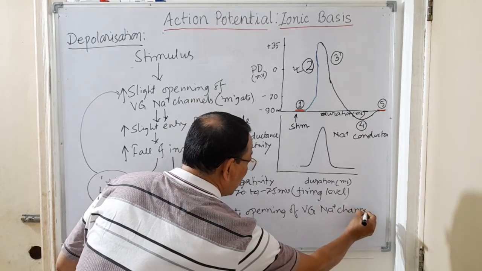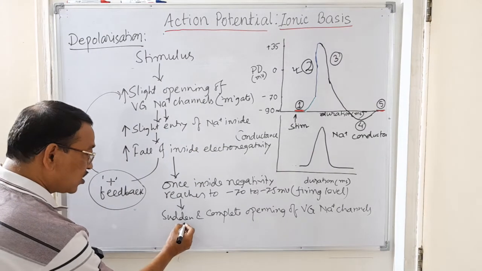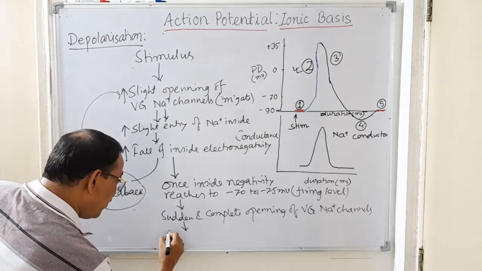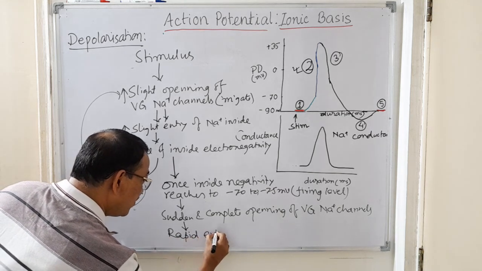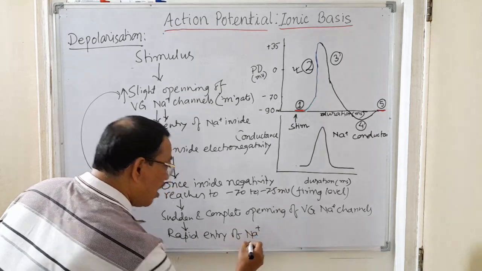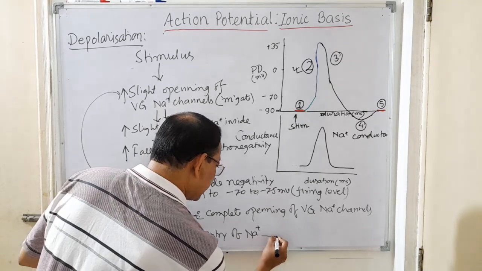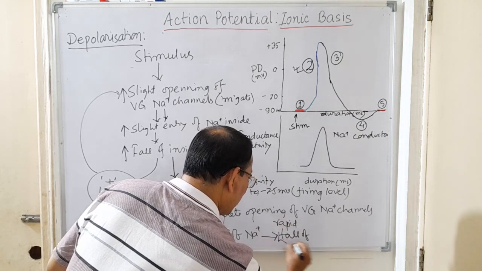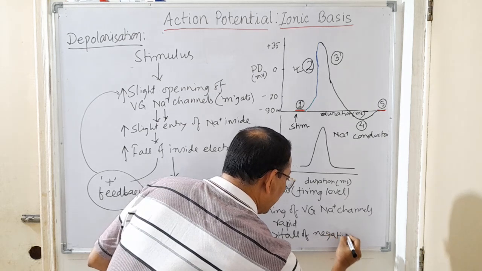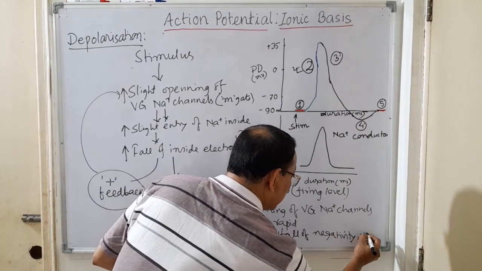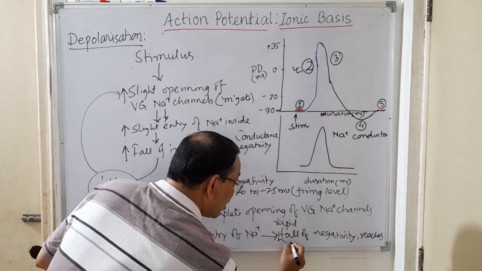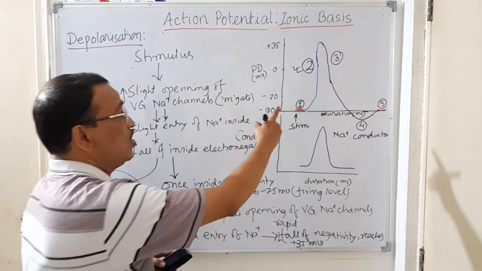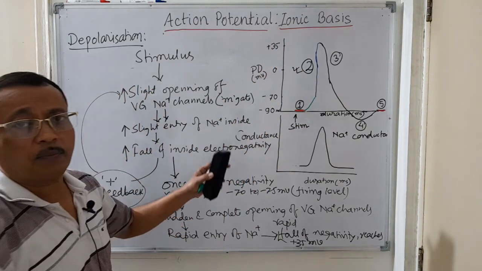As the sodium channels completely open, as I showed in the diagram, there is a rapid entry of sodium ions from outside to inside, and this results in a rapid fall of negativity that ultimately reaches plus 35 millivolt, overshooting 0.